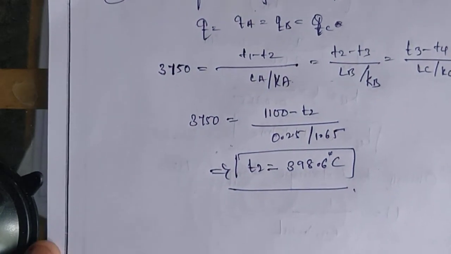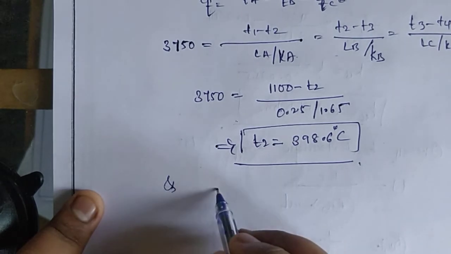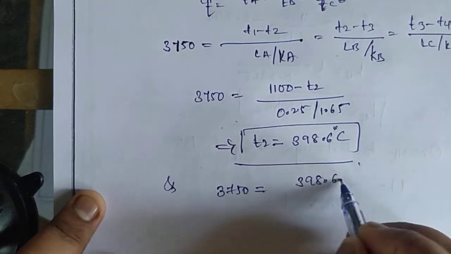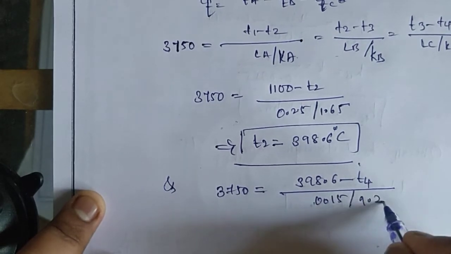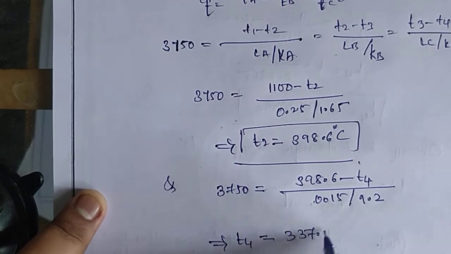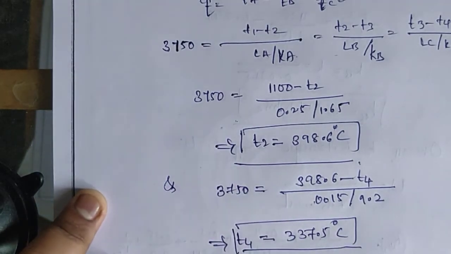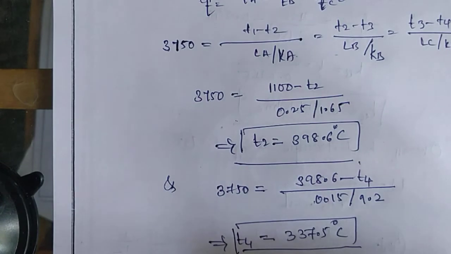Similarly T4. 3750 is equal to (3986.6 minus T4) divided by (0.15 divided by 9.2). So T4 becomes 337.5 degree centigrade. This is the T2 and T4; T1 is already given in the problem, not necessary to find out.